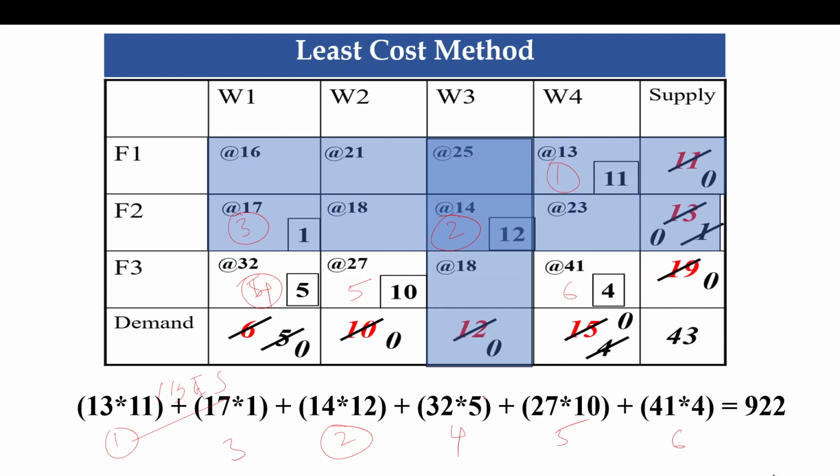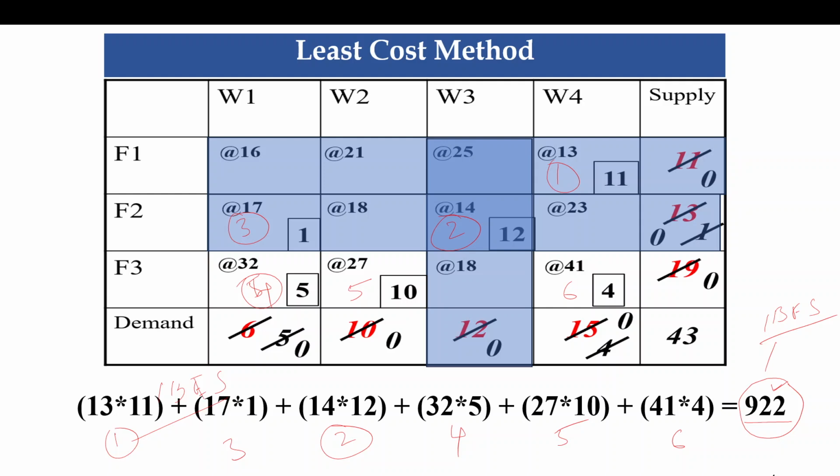Now when you add all this, you will find 922 as the solution. If I'm not wrong, this will be 922. You can calculate, right? So this is your initial basic feasible solution. Because you get the answer, it's a feasible solution. Why is it basic?